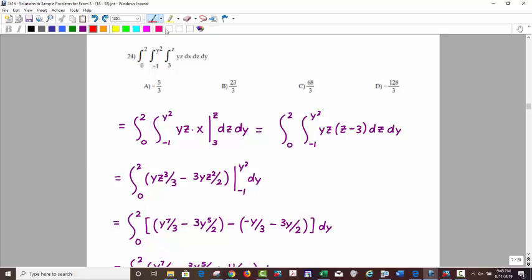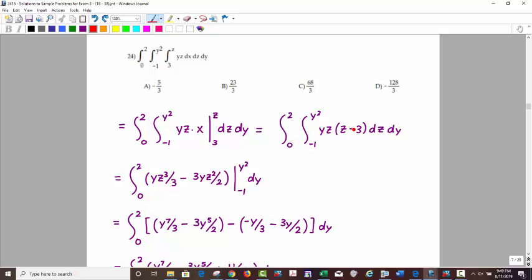So the first one here is dx. The antiderivative of dx would just be x. So you put in z, you put in 3. So you'll have yz times z minus 3. Now the next step, I distributed and integrated at the same time. So that's going to be yz squared with respect to z, which makes that yz cubed over 3.